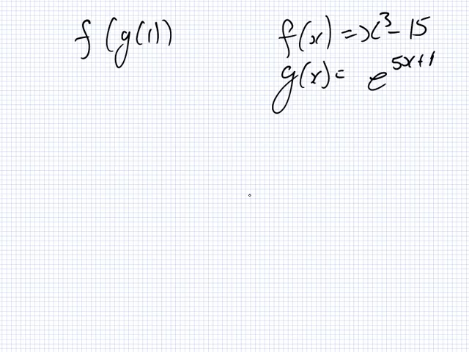So e to the power 6, then we get the answer, then the answer cubed minus 15. You just said what to do. Did you do it? No, I don't have a calculator. But the point is you're supposed to do this without your calculator because they want the exact answer, no decimals. I love my calculator.